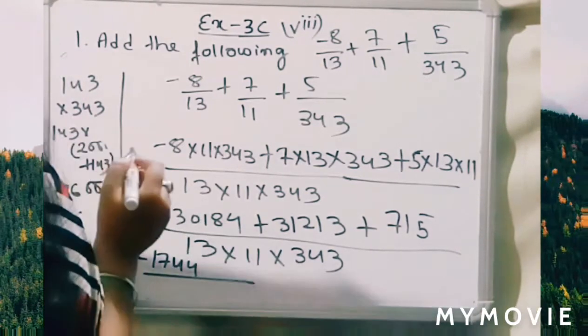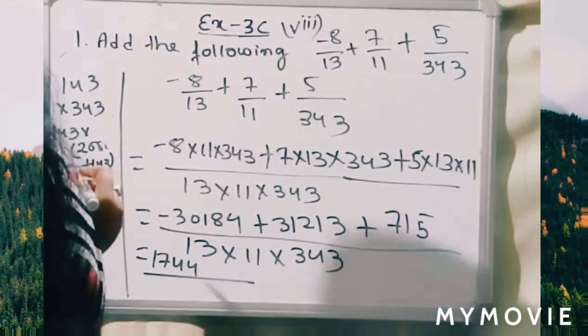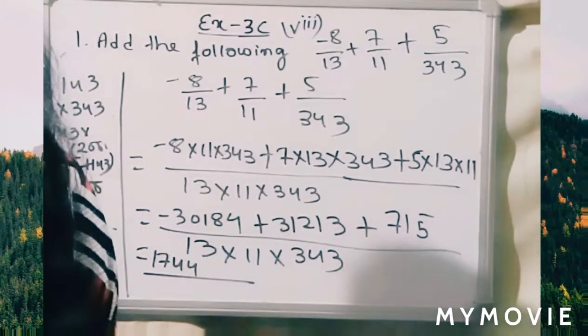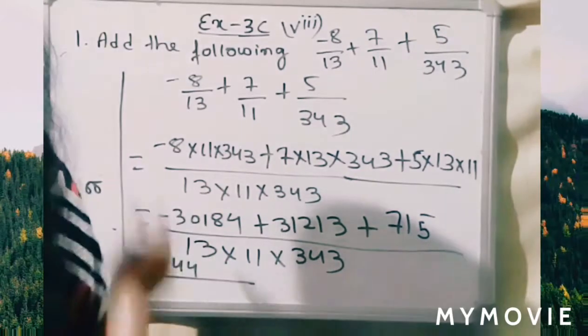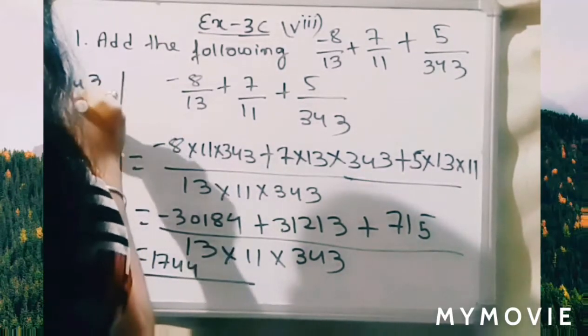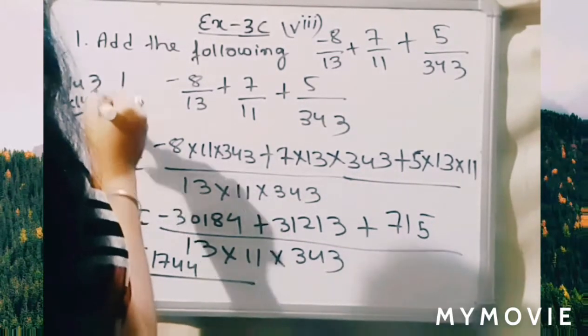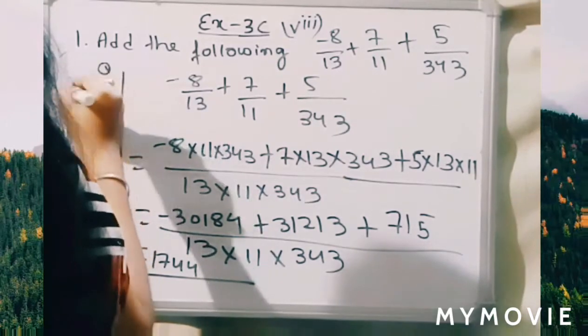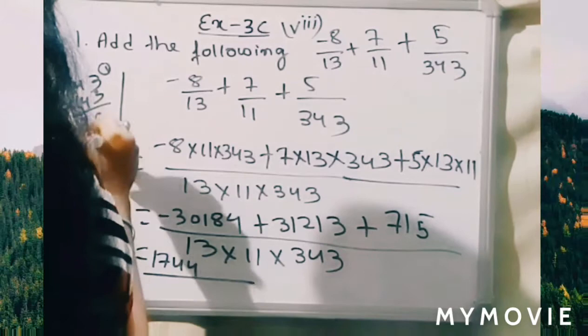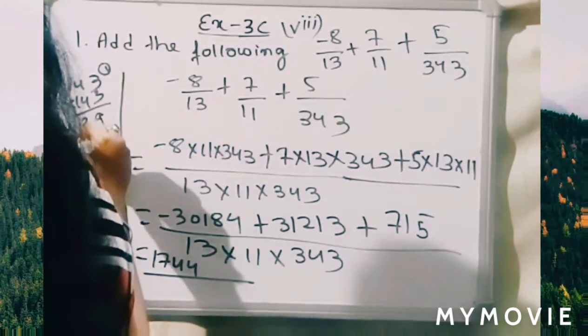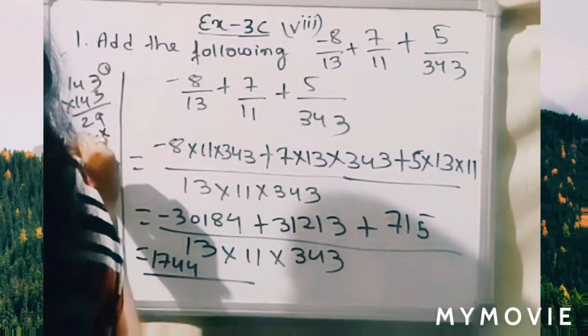Now 143 square, 143 square you have to do. 143 square, let me do. 143 into 143, 3 3s are 9, 3 4s are 12. Again carry 1, 3 3s are 9, plus 1 is 10... Carry 1, 4 plus 1 is 5.